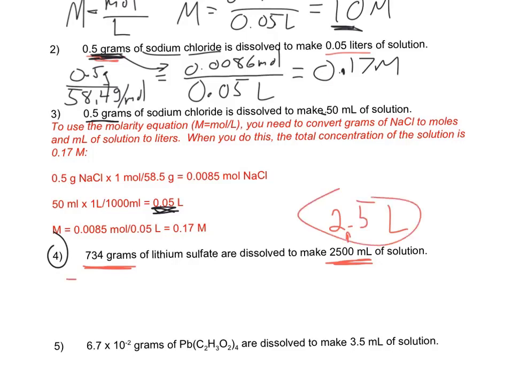To get the moles, we need to take the grams we were given, divided by the molar mass. The molar mass of lithium sulfate is 110 grams per mole. So the number of moles is 6.67 moles. Okay, so 737 grams equals 6.67 moles.